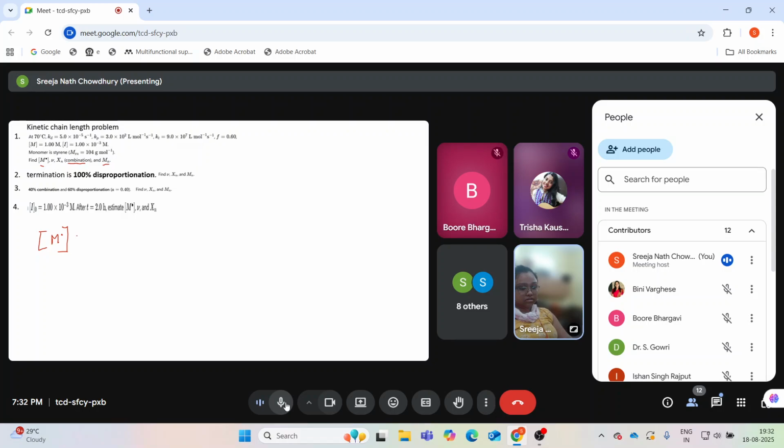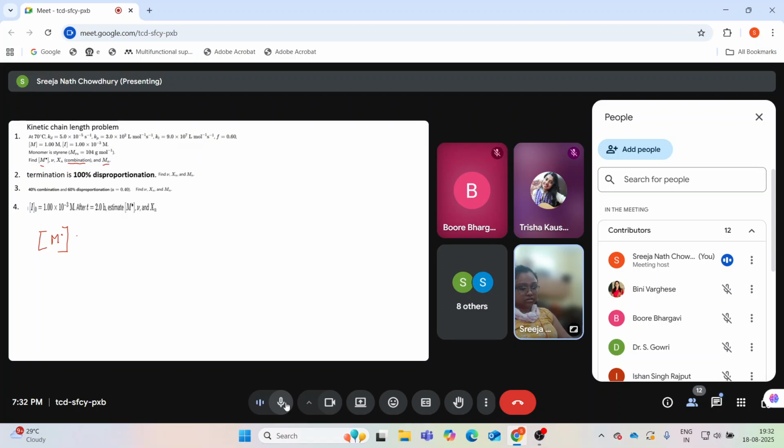If 100% disproportionation occurs, then Xn will be nu, so it will equal 91.3.